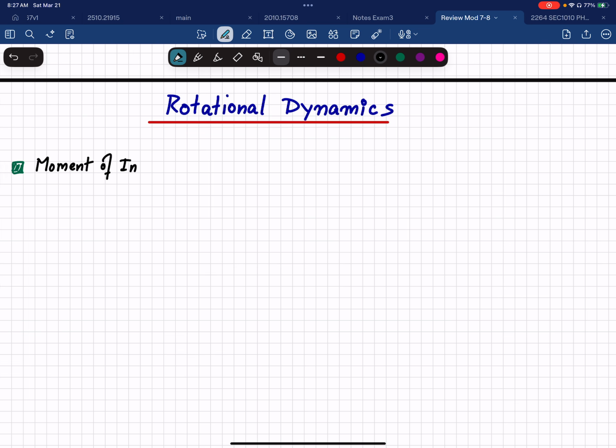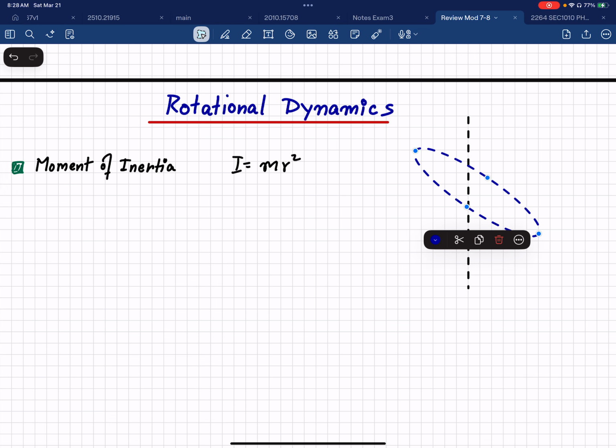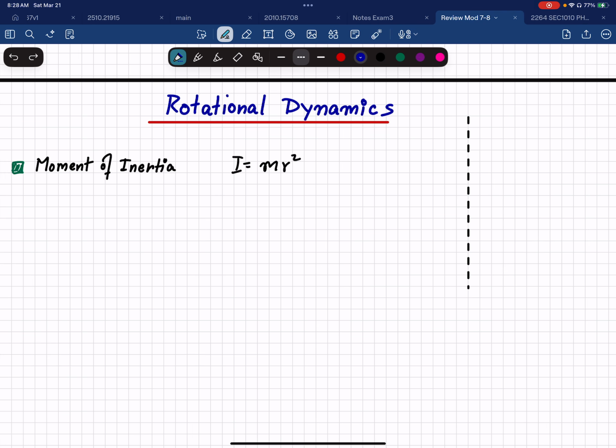Okay. So the moment of inertia for a discrete object is defined like this. So let's say you have the axis of rotation. Okay, let me just give me a sec.